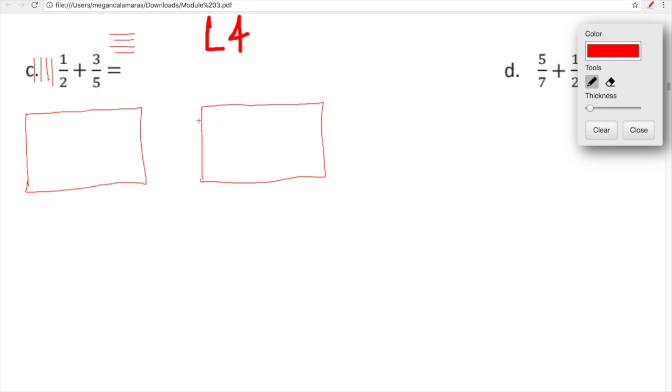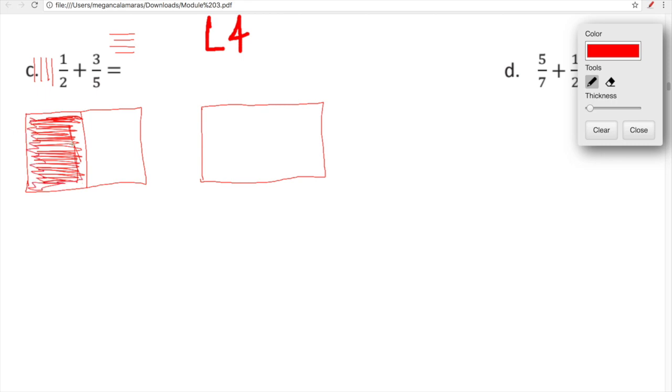It's important that they look the same size. So 1/2, we're going to use vertical lines to divide this rectangle into 2 equal parts. We're going to shade 1 of our halves because the numerator is 1.